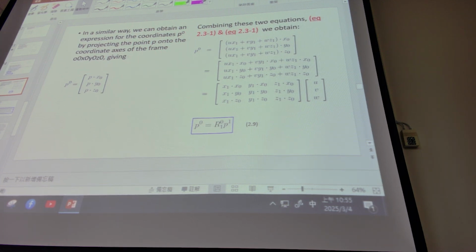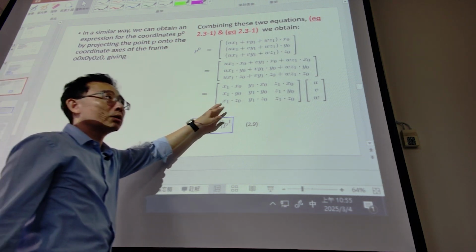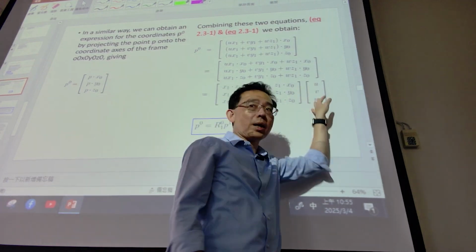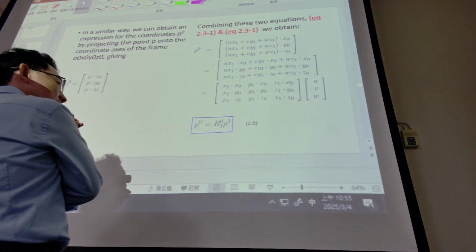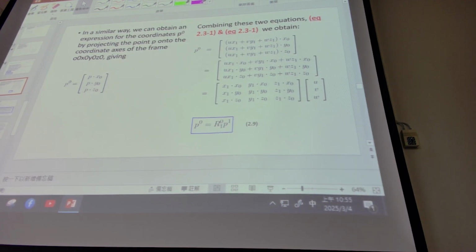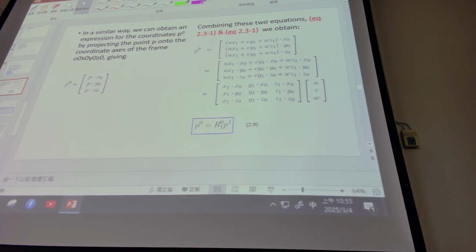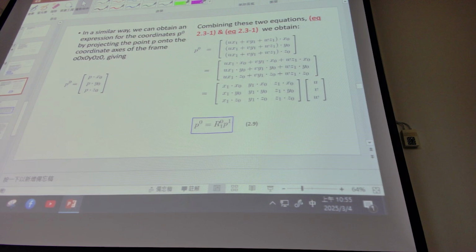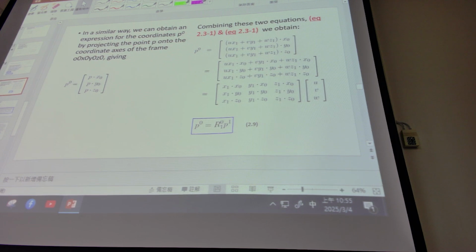Because it's three-dimensional and you have your x, y, z, they call it U, V, W. So you can convert the coordinates in frame 1 back to frame 0 this way. So it's a more systematic way, and it's very suited for huge computation, because later on you will face a lot of computation work.